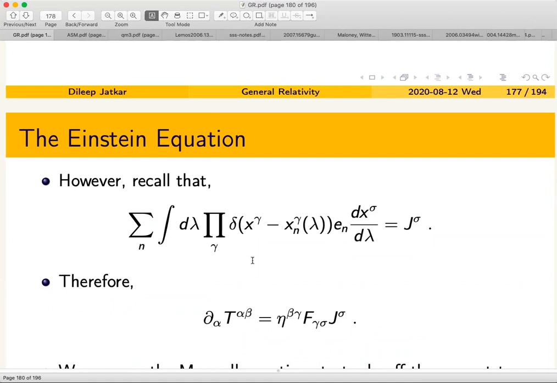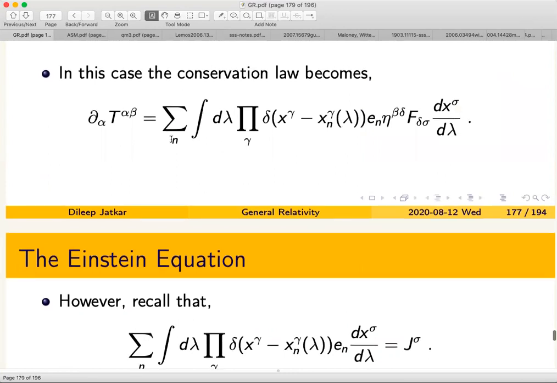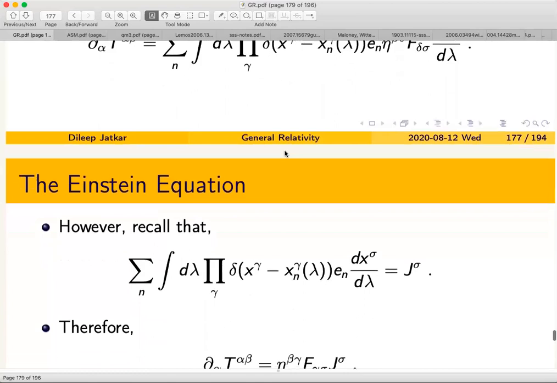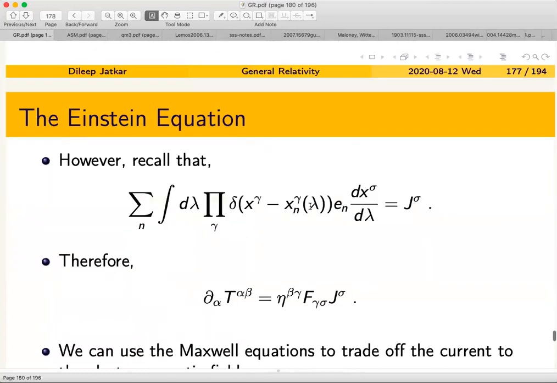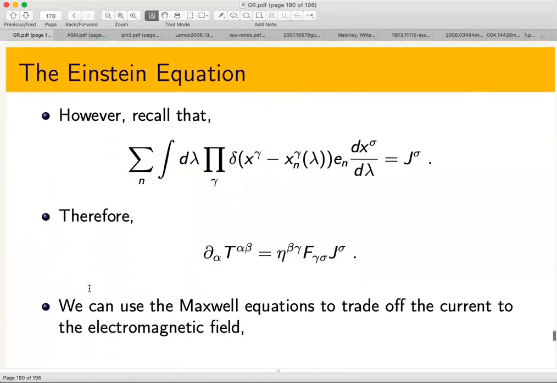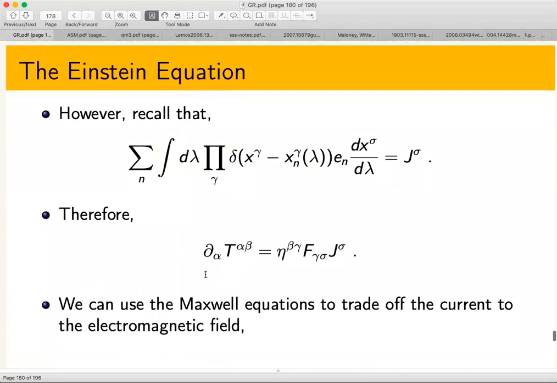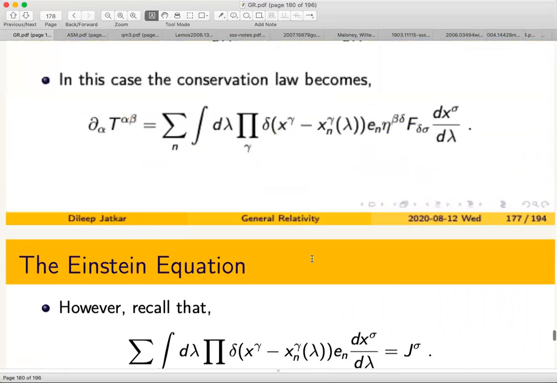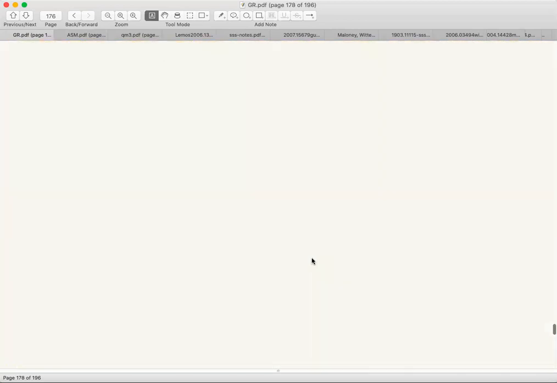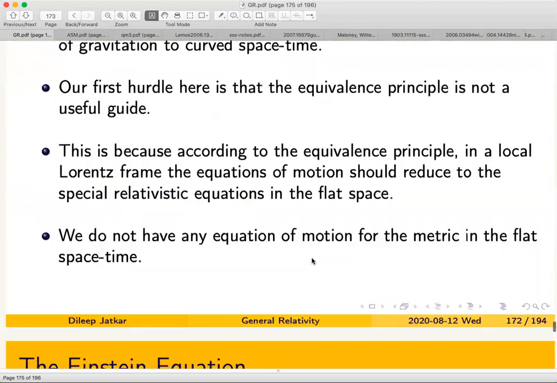So you can replace this entire sum and integral by just the corresponding current of the bunch of charged particles. Therefore you get an equation which looks like the divergence of the energy momentum tensor is proportional to f times j. Now at this place what we will do is we will use Maxwell's equation. Remember, j was proportional to the divergence of f.